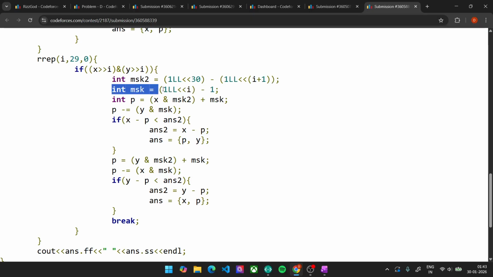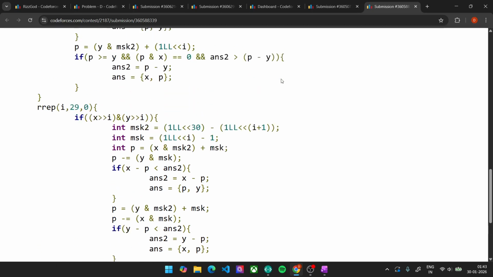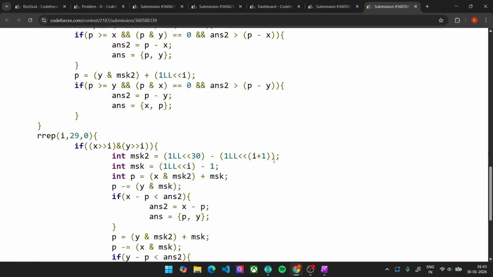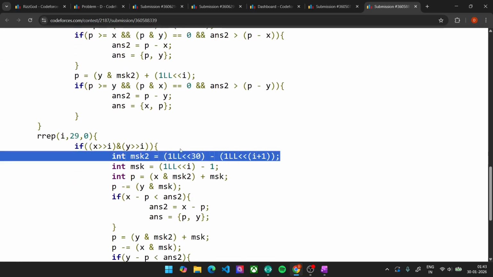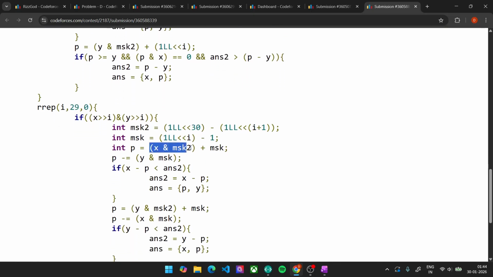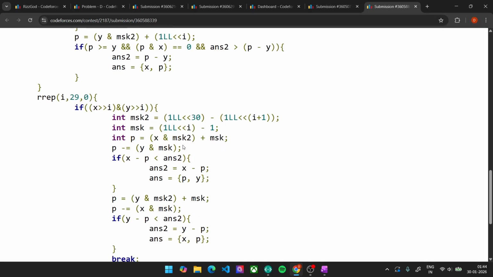And this is the same mask as I have used here, but this contains all the zeros from the ith bit only. So from the ith bit, I am making x equal to 0, and after that, I am adding all the ones. But I'll have to subtract some ones.